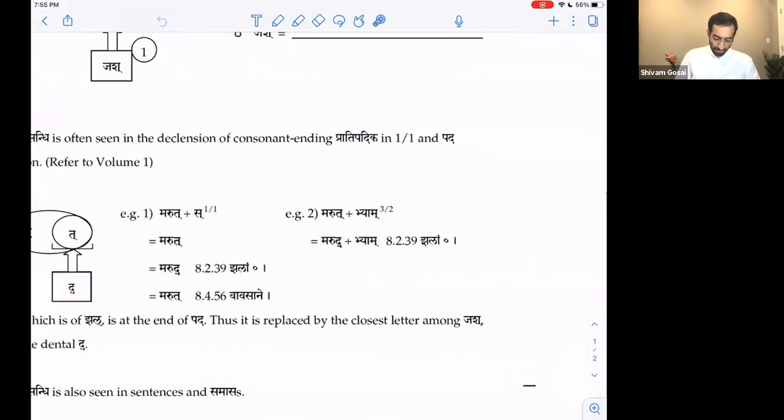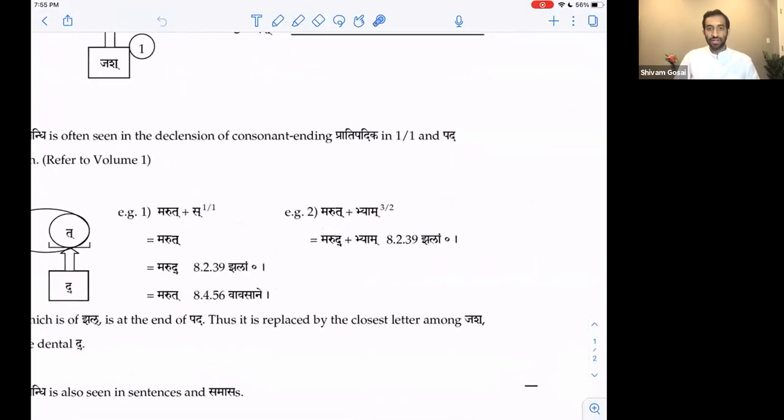Now you see this marut. Okay, marut plus bhyam. Now you might be thinking, here it makes sense because the sakara comes. So in 1-1 it makes sense, right? Because the sakara comes and then goes. So the marut is at the end of the pada.